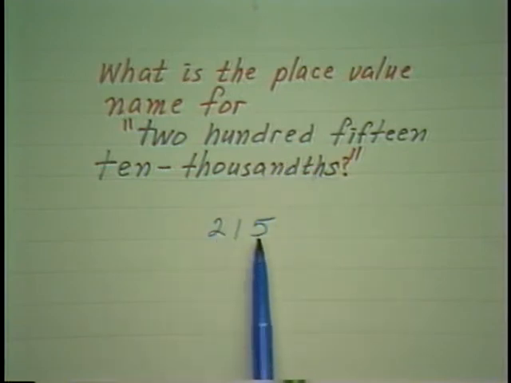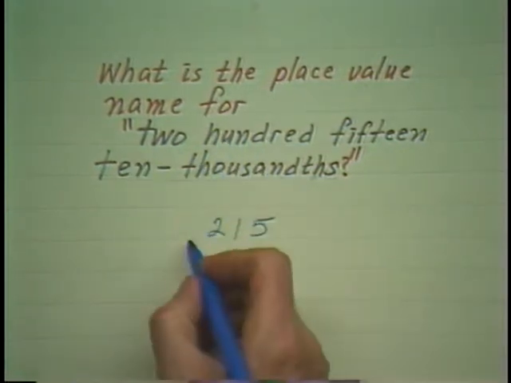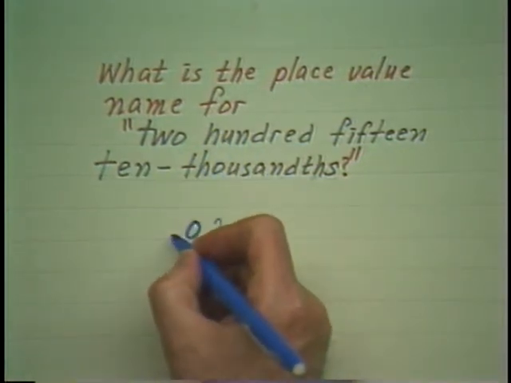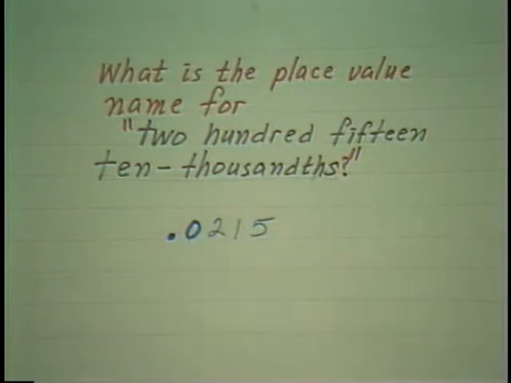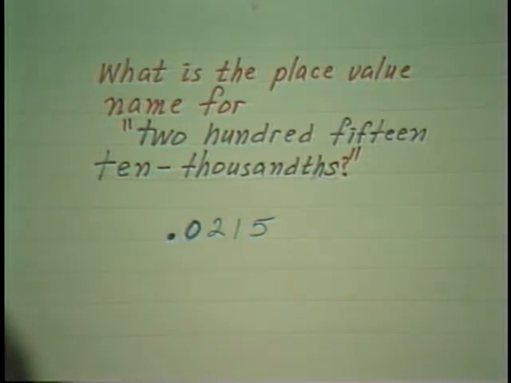So let's just think this way. 10th, now this really isn't the 10th, but this is just a gimmick that works. 10th, 100th, thousandths, 10,000ths. So I'll need at least one place here, and then my decimal point. Now let's say it properly. 10th, 100th, thousandth, 10,000ths. So 215 10,000ths.